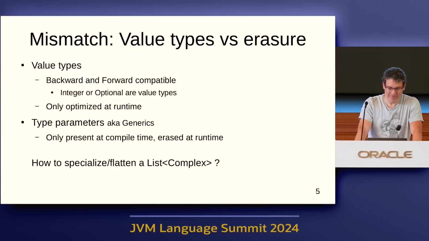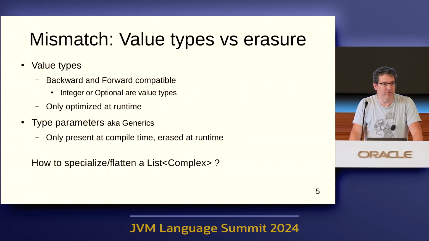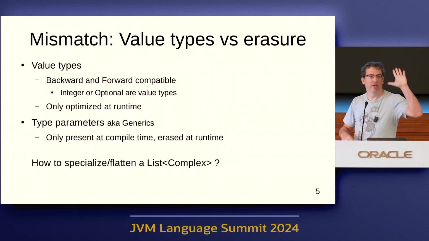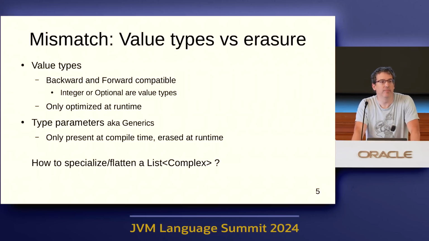And at the same time, generics are not available at runtime anymore. If you have a list of Complex, and Complex is a value type, at runtime the only thing you have is a List. So there is a big mismatch between how we see value types and how generics are currently implemented because of erasure.